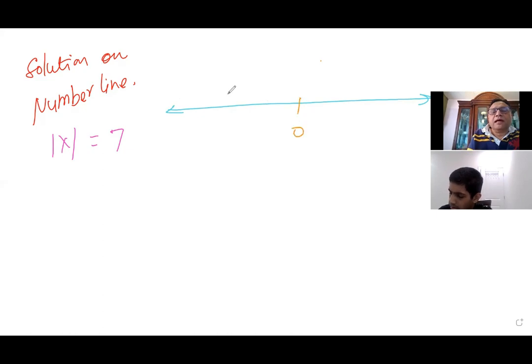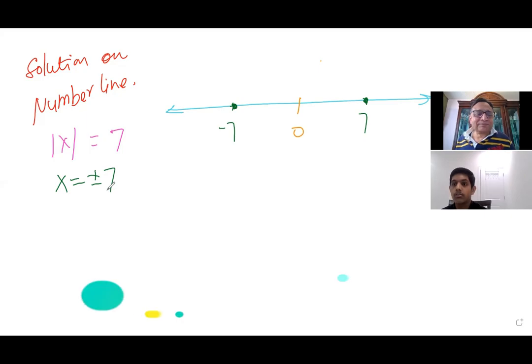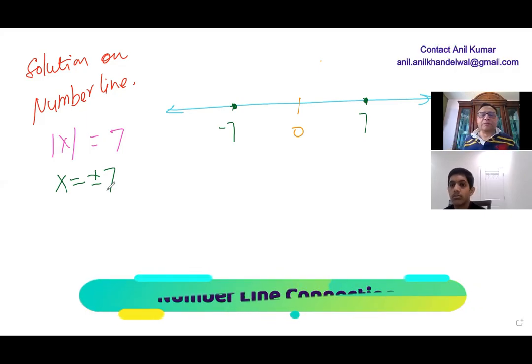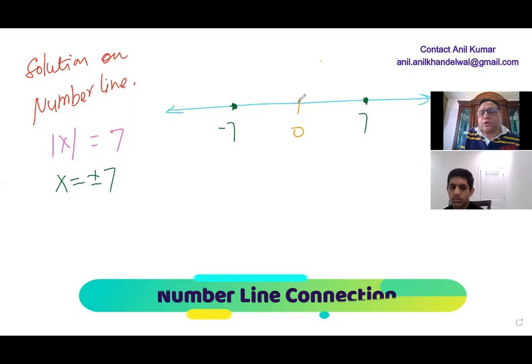This is 0. And let us say we have a point which is minus 7 and plus 7, right? So these are my solutions for the equation absolute value of x equals 7. Of course, x equals plus or minus 7, which can be represented on a number line as shown, correct? Two solutions. What you notice is both the points are the same distance away from the axis of symmetry, right?